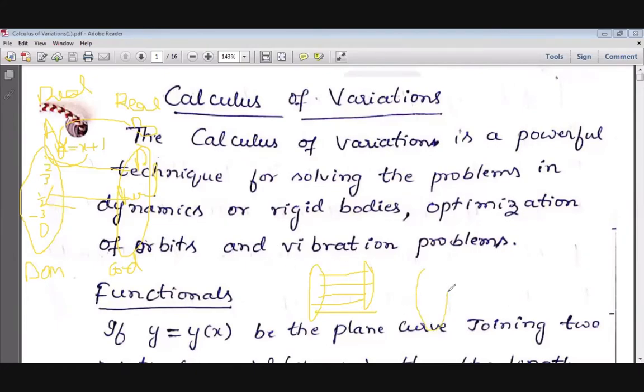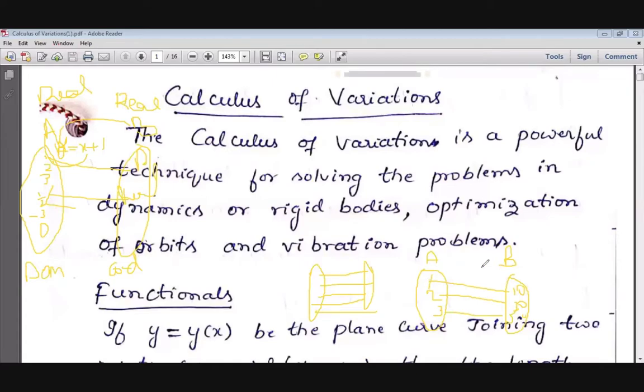For example, I will take set A as number of teas taken, set B as amount paid. For one cup it is 10 rupees, for 2 cups it will be 20 rupees, for 3 cups 30 rupees, like this it will go.